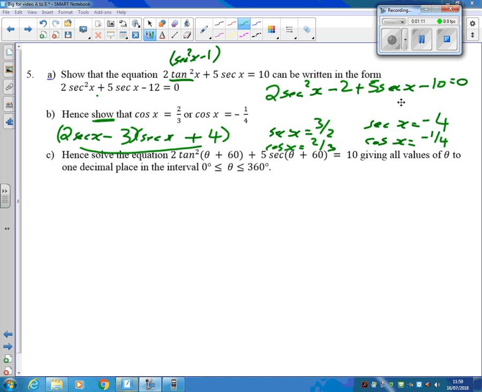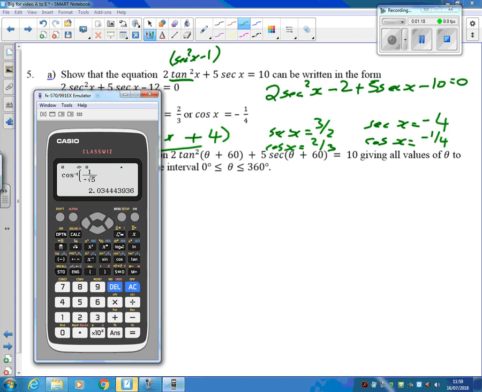Now we can use our calculators to figure out what they are, so let's do the inverse cos of 2/3. Are we in radians or degrees? We need to be in degrees mode.